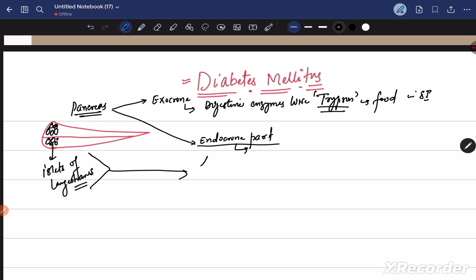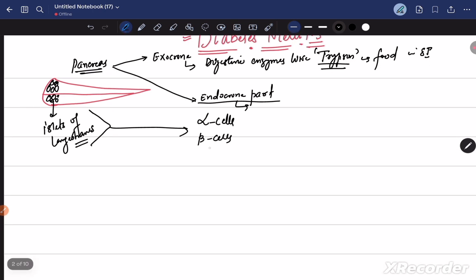Inside these islets of Langerhans, we have three types of cells: alpha cells, beta cells, and delta cells. Alpha cells are responsible for secretion of glucagon hormone.